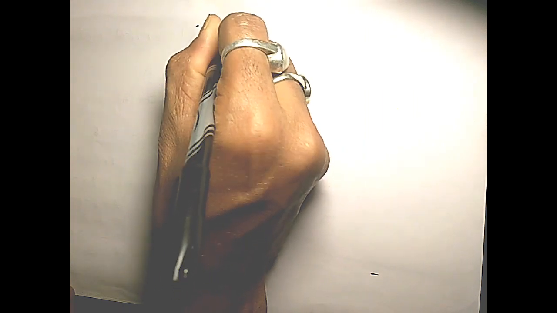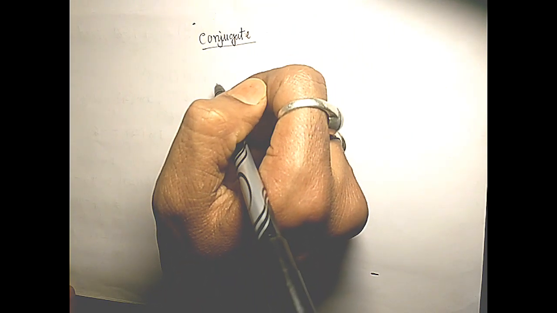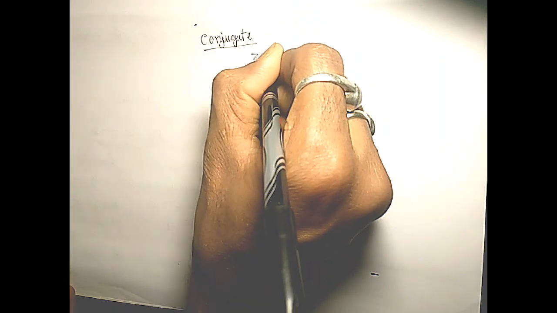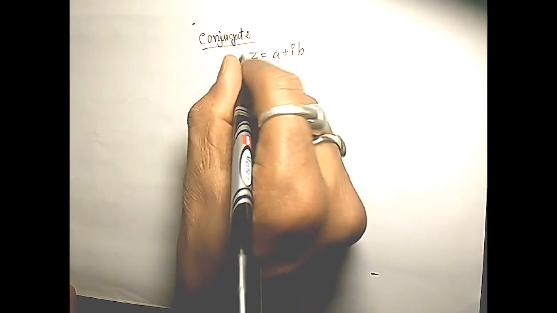So let us move to the new topic, conjugate of a complex number. So how can we define a conjugate of a complex number? Suppose z equals a plus ib.